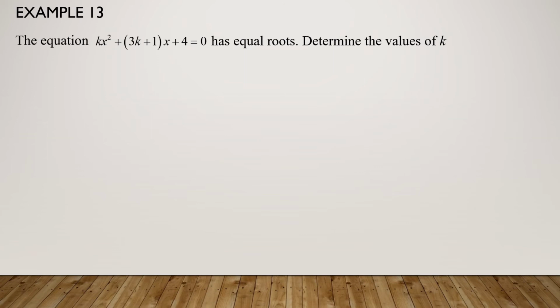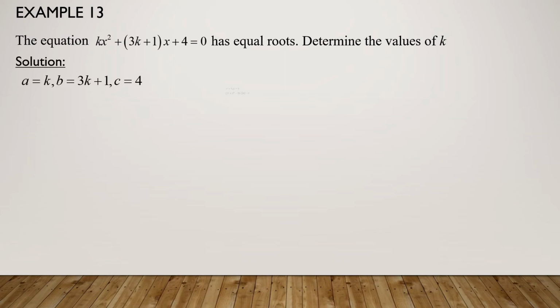Example 13 here will show us the reverse type of question that we have seen in example 12 just now. The equation kx squared plus (3k plus 1)x plus 4 equals to 0 has equal roots. So as we can see, it gives you a quadratic equation and it gives you also the type of root, which is an equal root.